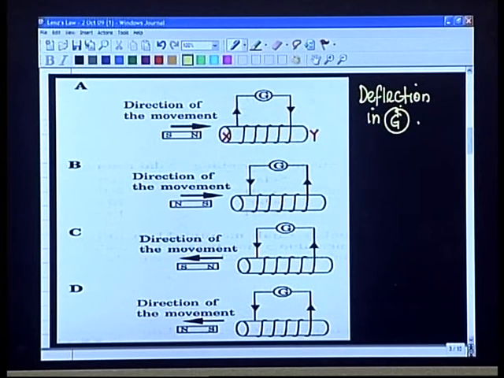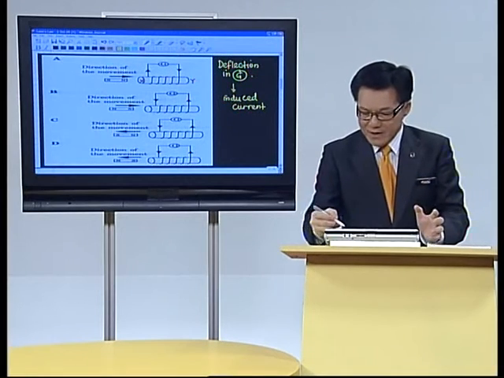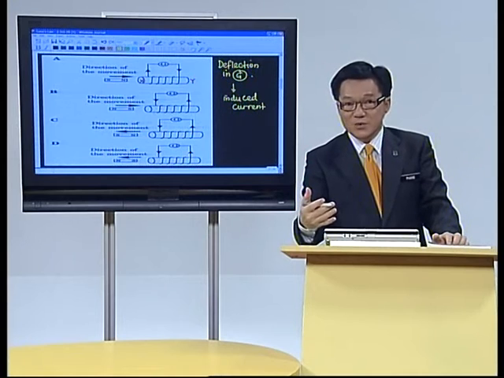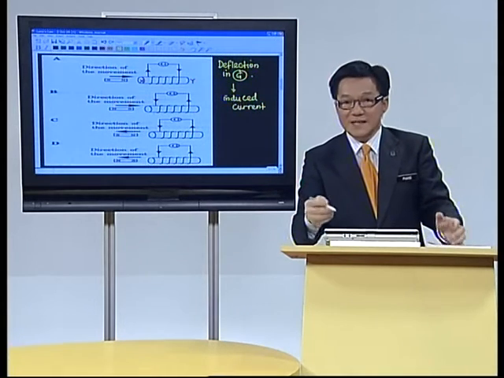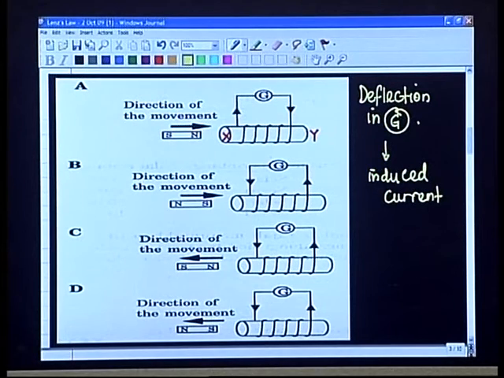Now this deflection in G tells us that there is an induced current. We did not have any power supply here. That's why it is called an induced current. So, come again, we have a deflection. What does it tell us? There is an induced current in the galvanometer, in this circuit.